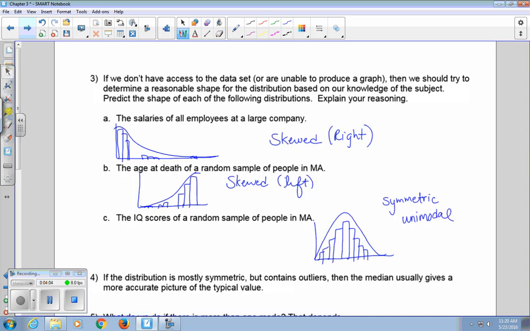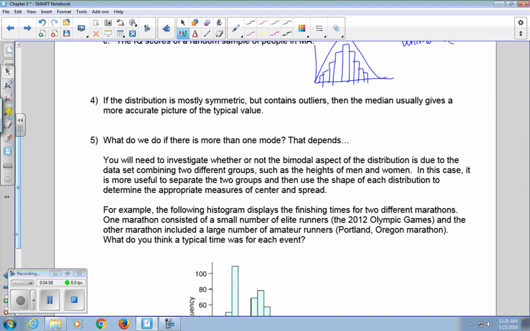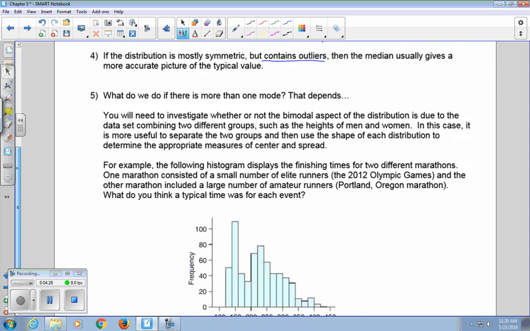If the distribution is symmetric but contains outliers, so even though we have a symmetric distribution we're seeing outliers, then we still would rather use the median because it's probably a more accurate picture of typical data. But what do we do if there's more than one mode? Let's look at an example.